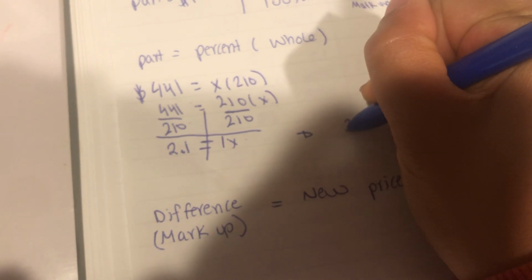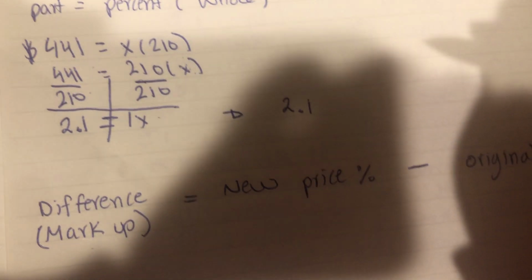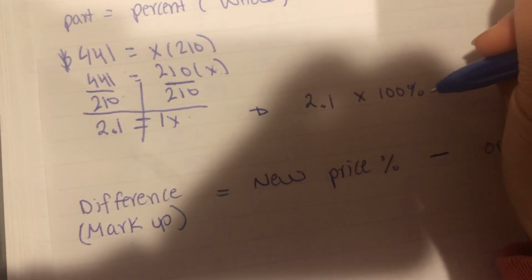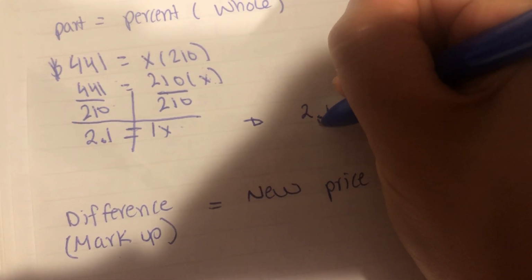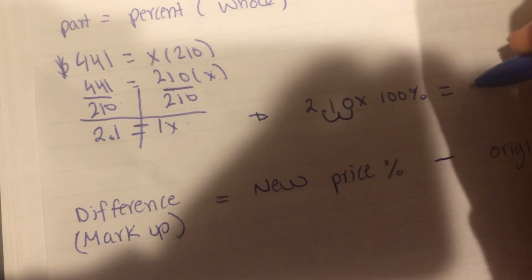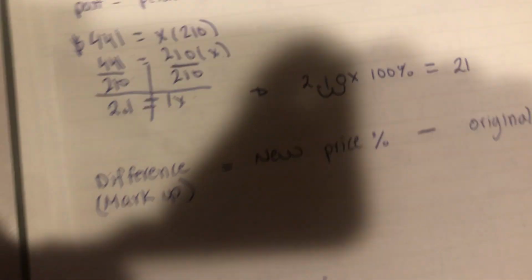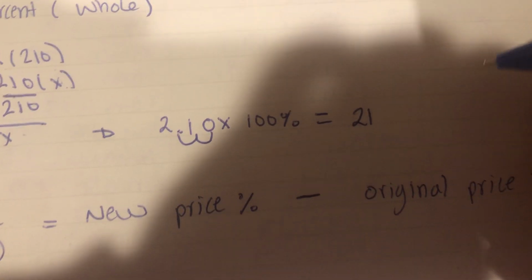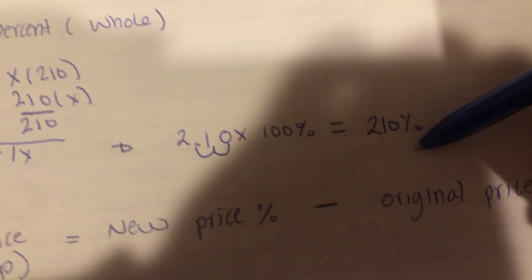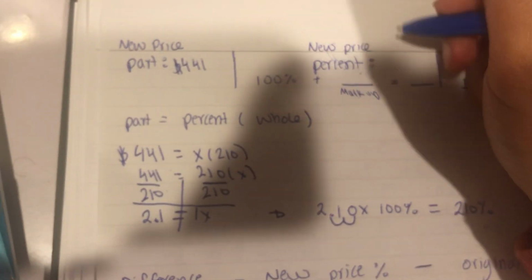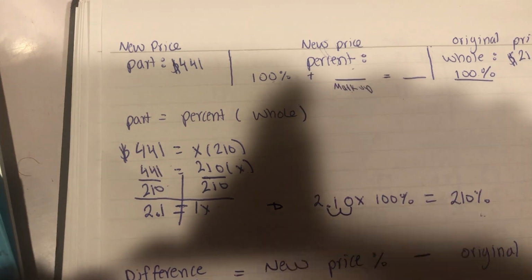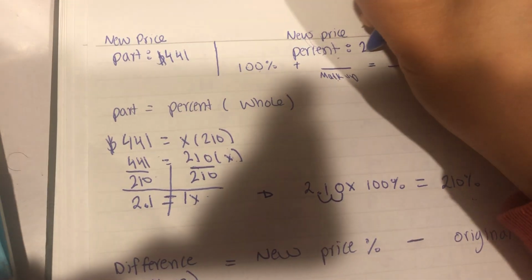So to find that as a percent, we have 2.1 times 100%, which means we will be moving the decimal twice, once and then another, which means we added 0, which means 2.1, if I multiply by 100, it's going to give me 210%, which means that that is the percent of the new price, which makes sense because the price is bigger, or like more than double the original price.